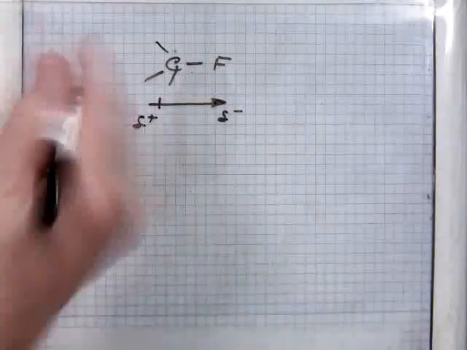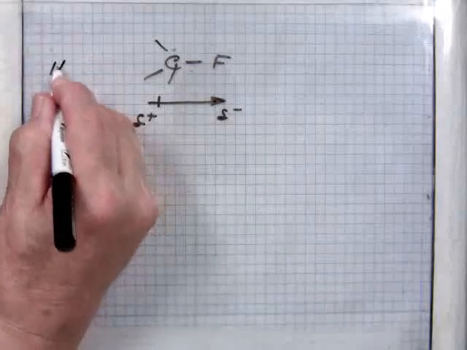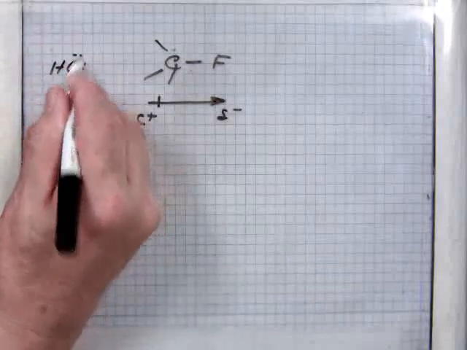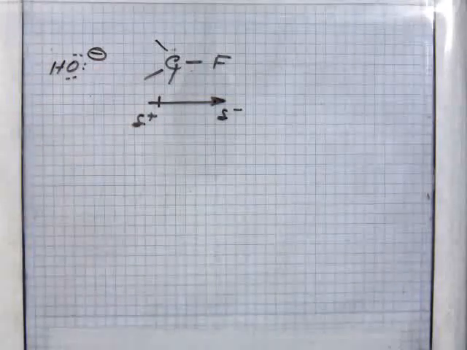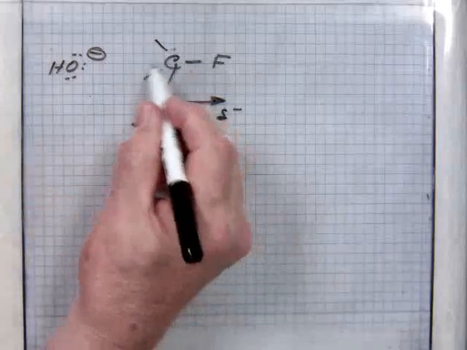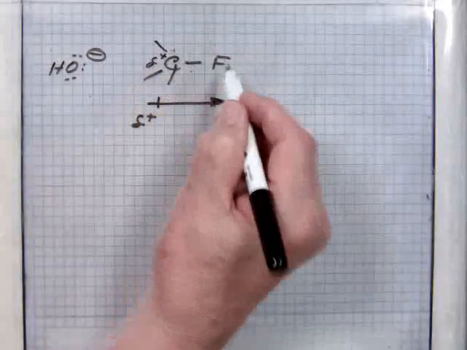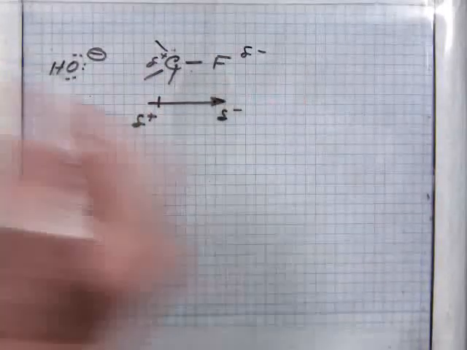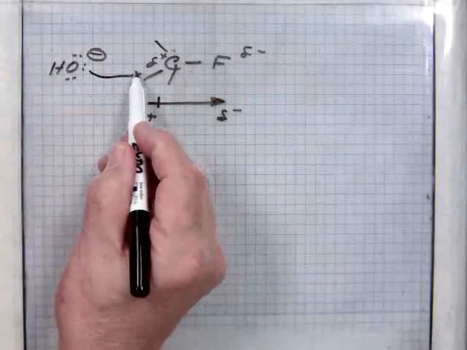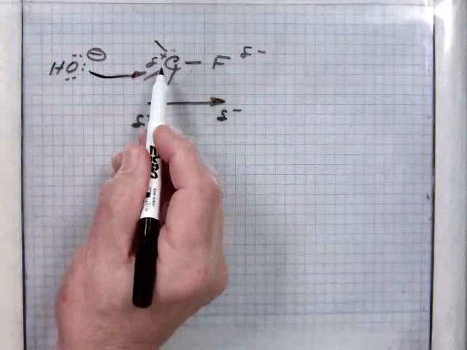Well, out here somewhere, say you threw in some sodium hydroxide, and that would provide this hydroxide polyion. Well, this center right here would be highly positive because of this dipole. And so this would have a tendency to be attracted to that center.